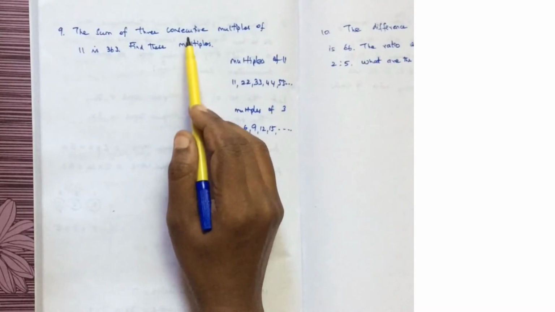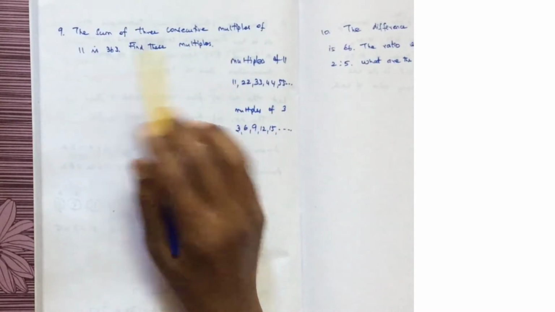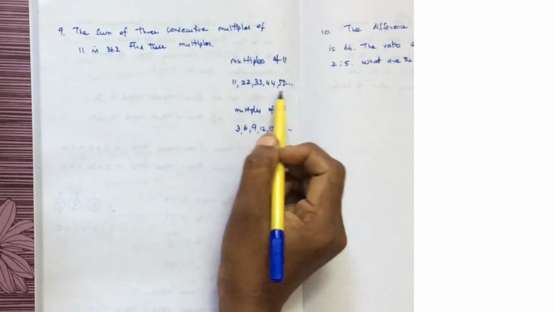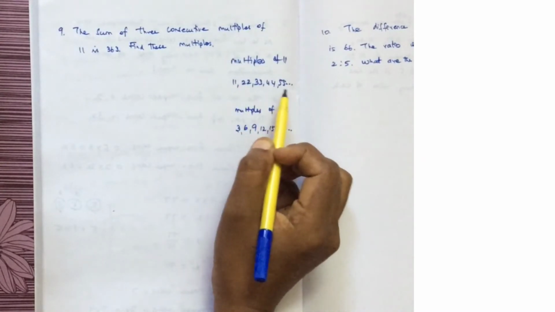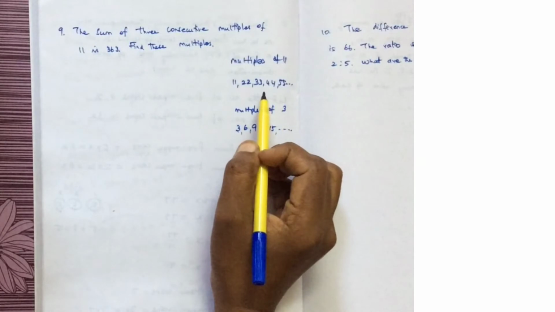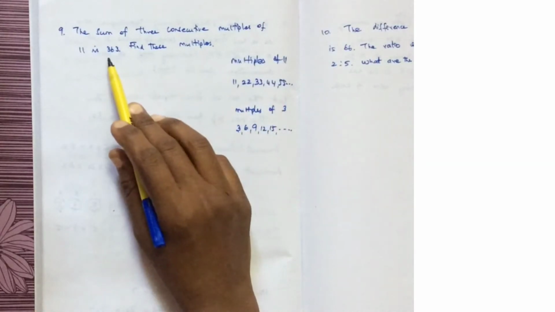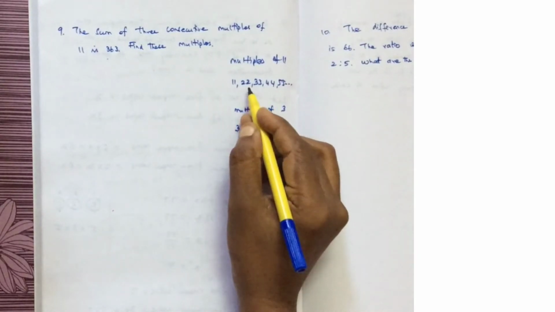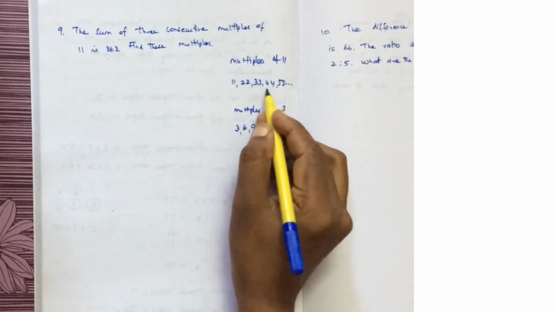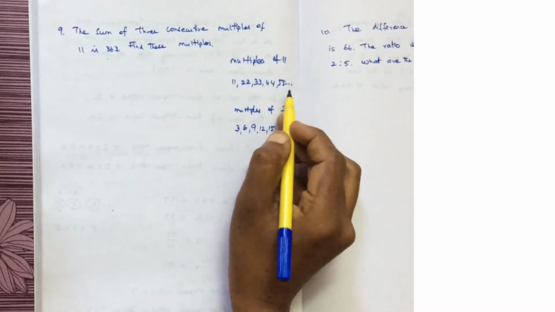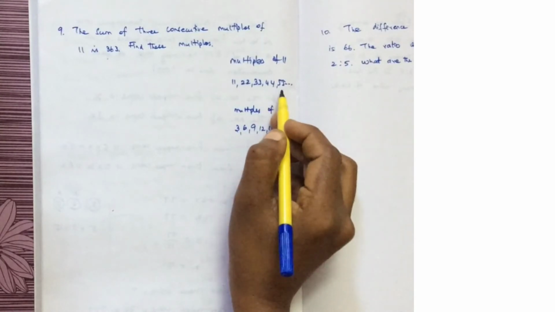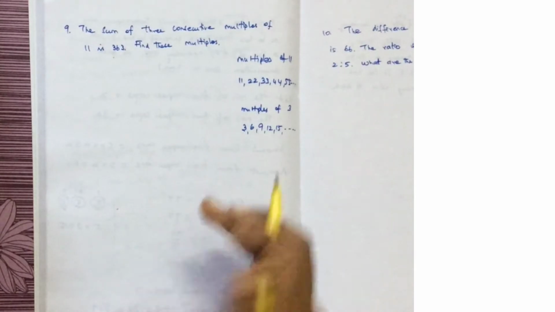So 3 consecutive multiples of 11: out of these numbers, if you add any 3 nearby numbers, you should get 363. It may be 22 plus 33 plus 44, or it may be 44 plus 55 plus 66. That is the question given.